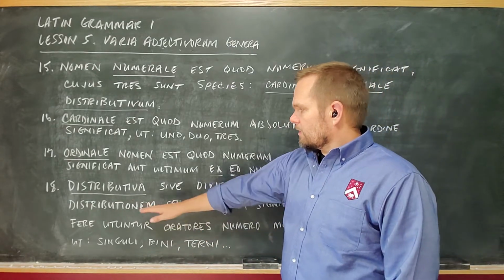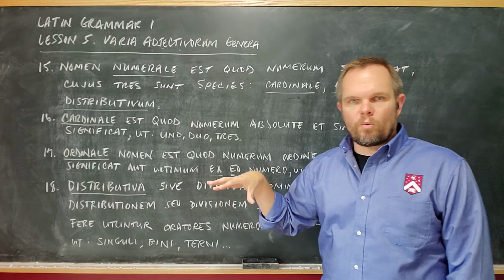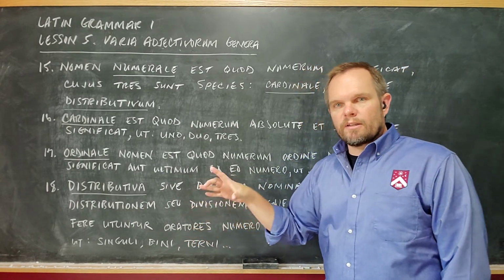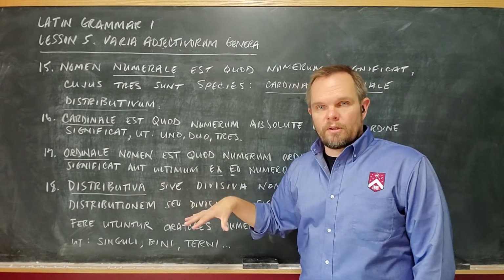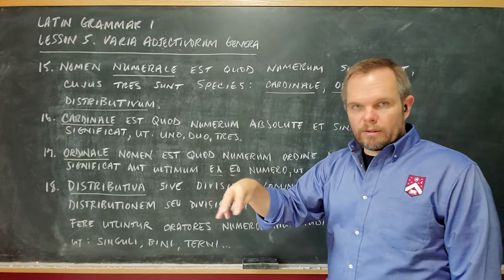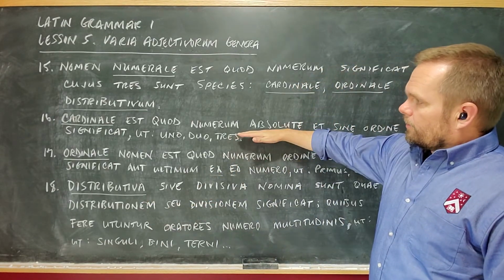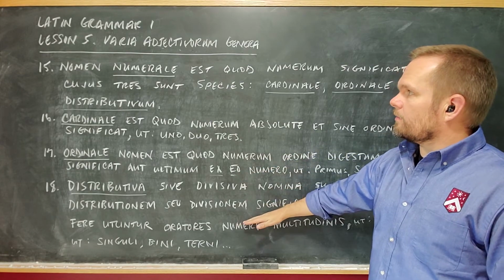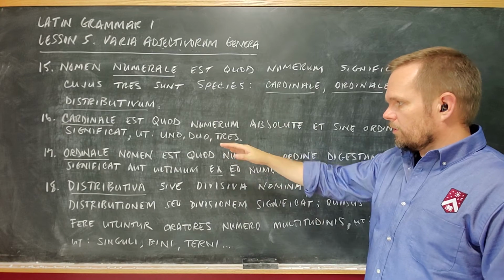These are examples of distributive or divisive numbers because we divide a quantity into a certain number, or we distribute a multitude into a certain number, one by one, or two by two, three by three, and so on. Distributive. So the three species of numeral adjective nouns are cardinal, ordinal, and distributive.